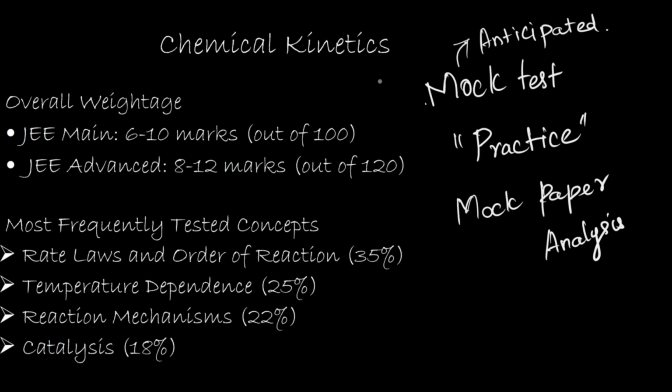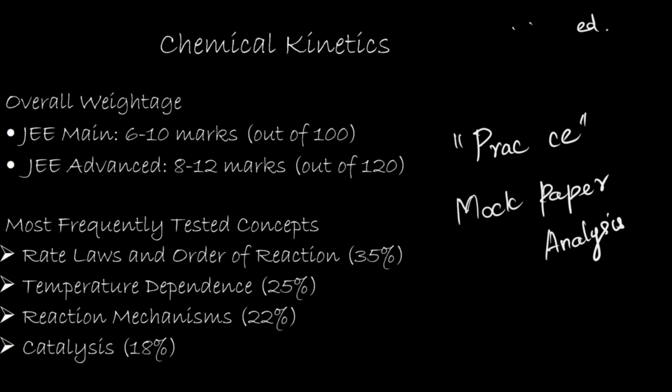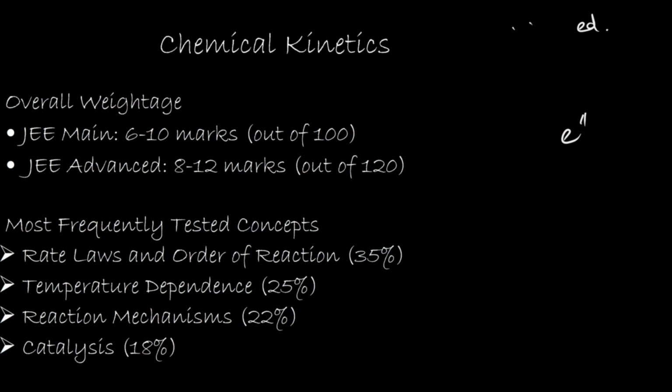Okay. So with this introduction, I would like to start chemical kinetics. Talking about this chapter, this is very important from the JEE Main perspective, where we will be discussing the rate laws, the factors affecting the rate law, and most importantly the Arrhenius equation and catalysis.